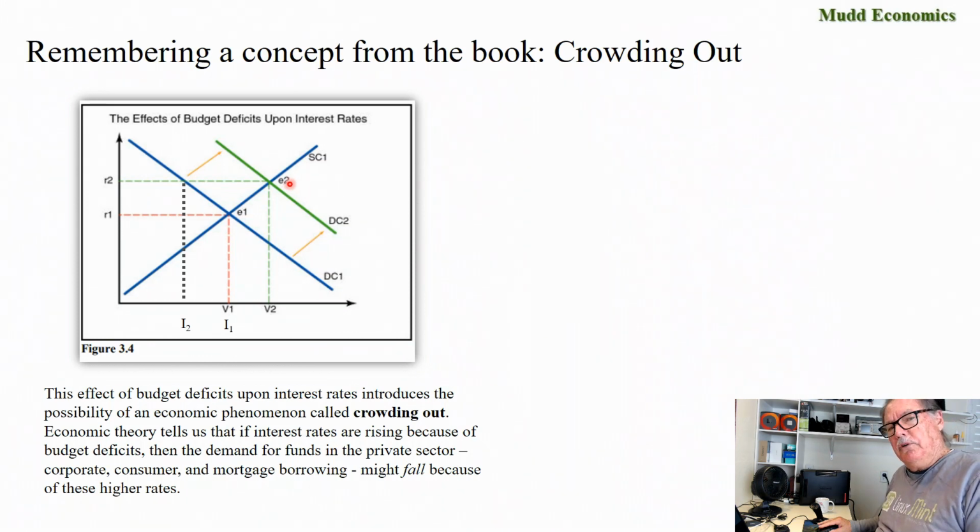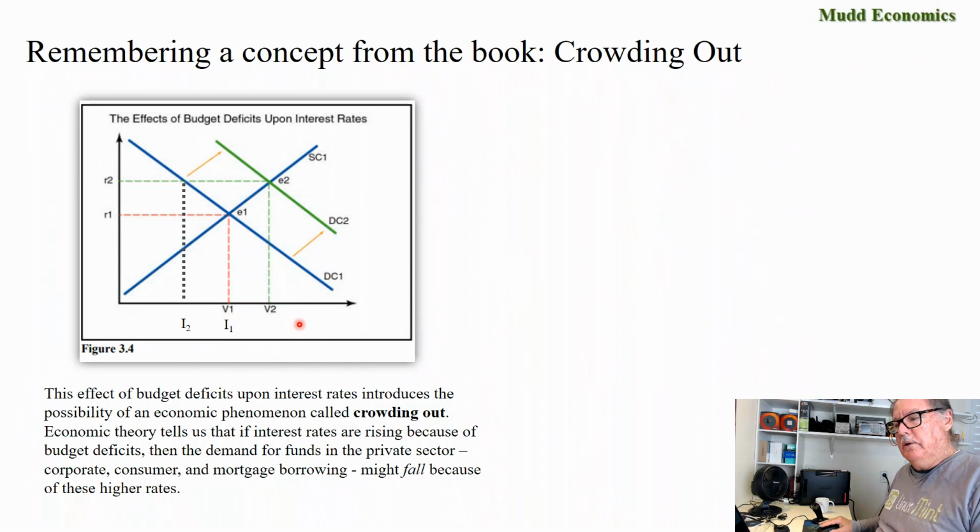However, we're interested in what effect this had upon investment only. So if we go back to the original demand for credit 1 line, where we said that's assumed to be investment only, we can see that at this higher interest rate, we get this level of investment right here, represented by the dotted black line, and that is a lower level of investment than we had at our initial equilibrium. That's the phenomenon of crowding out, as at least a logical possibility.